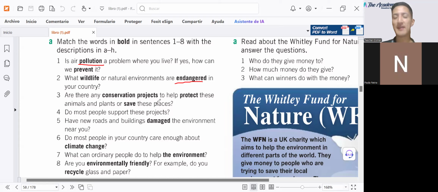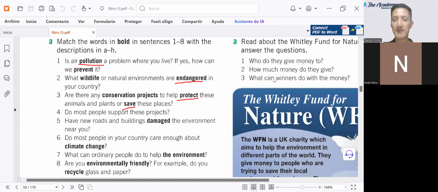Number 3. Conservation projects. What is it? Proyectos de conservación. Excellent. And protect. Proteger. Very good. Save. Cuidar. Sí, cuidar o salvar.